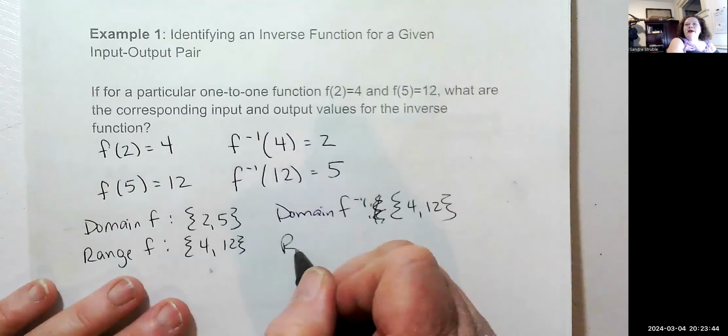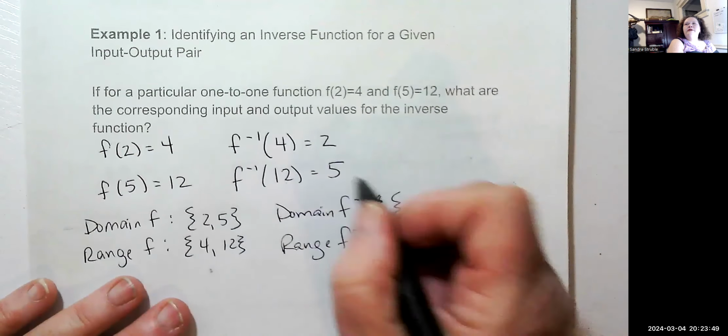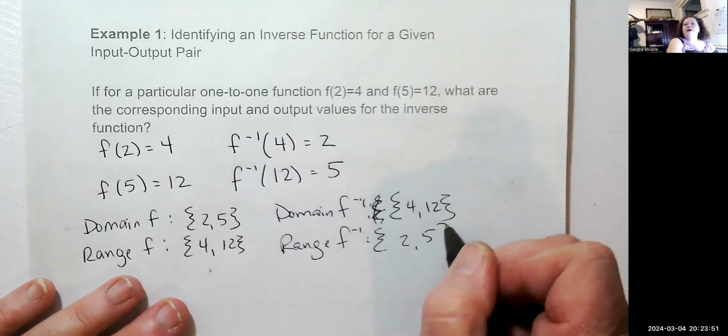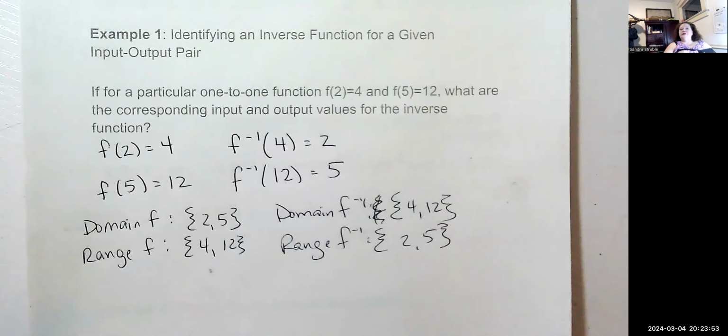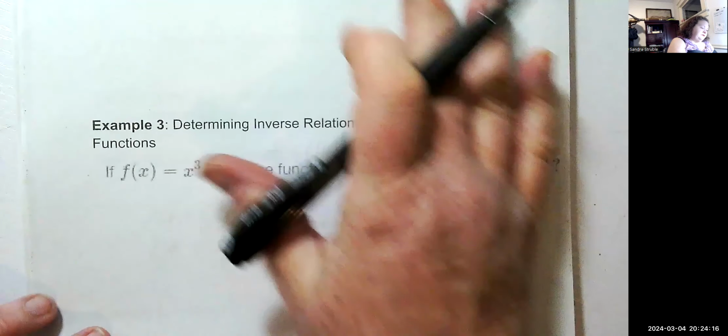And the range, which are the outputs for the inverse, is 2 and 5. So this should get you thinking and start to understand that the domain for f is going to be the range for the inverse of f. And the range for f is going to be the domain for the inverse of f. Just start having a conversation here. All right.